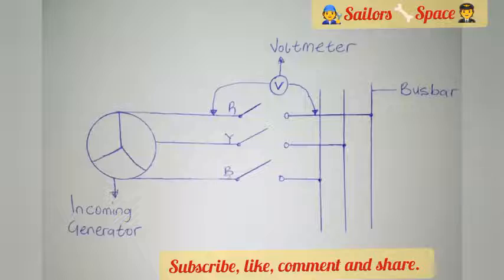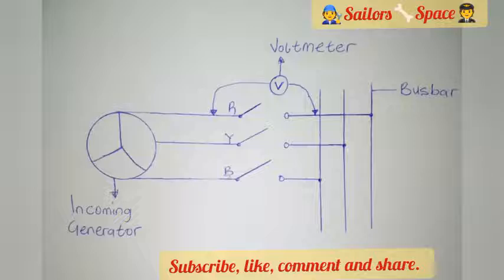So after that, if that is in place, you adjust your incoming generator speed. That's after you must have done the connection and checked that everything is done well. You adjust the incoming generator speed using the governor until the voltmeter starts to rotate slowly from 0 to maximum. That's the highest reading.